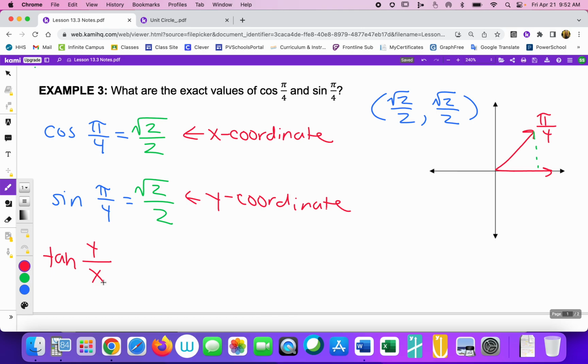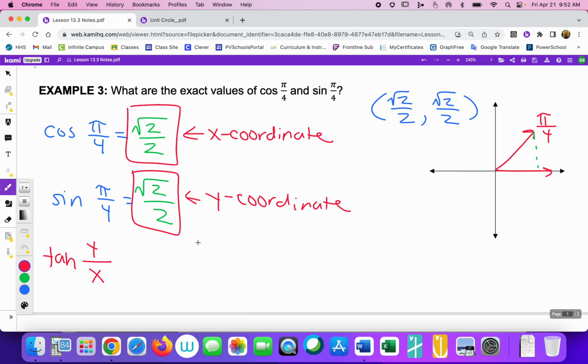If you're doing triangles, this would be opposite over adjacent. Sine is the opposite, cosine is the adjacent. So that's how they're all tied together. Today on your homework, it's just going to ask you for either a sine or a cosine. So if you use the coordinates, that's fine. That's where you can get away with not showing any work on those. Questions on that? That's review from yesterday, just with radians.